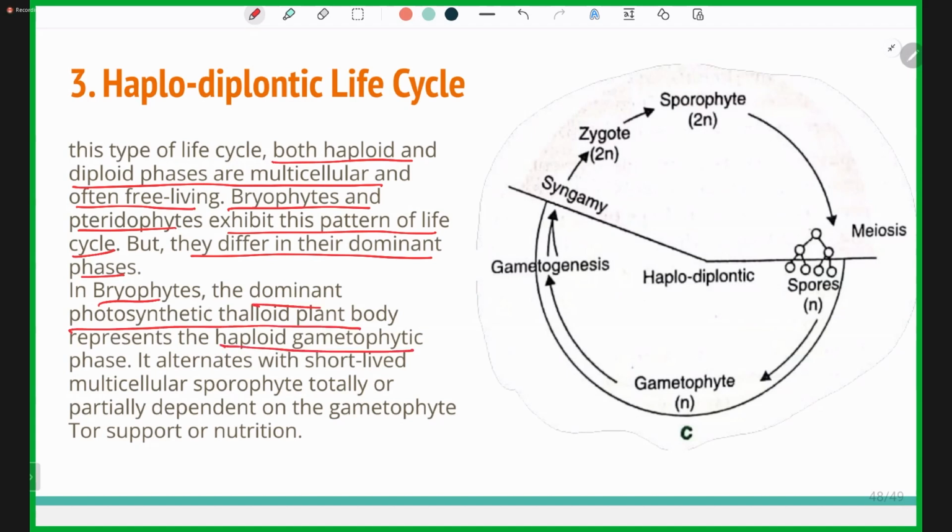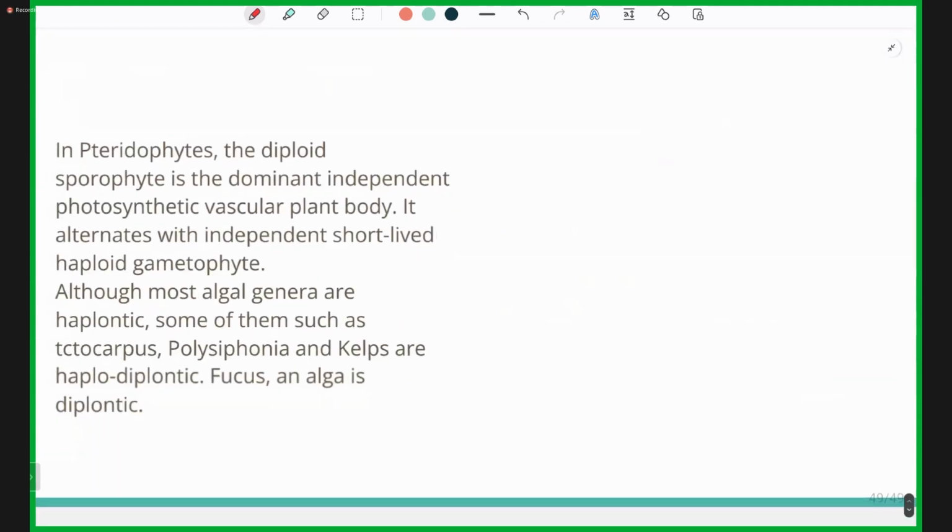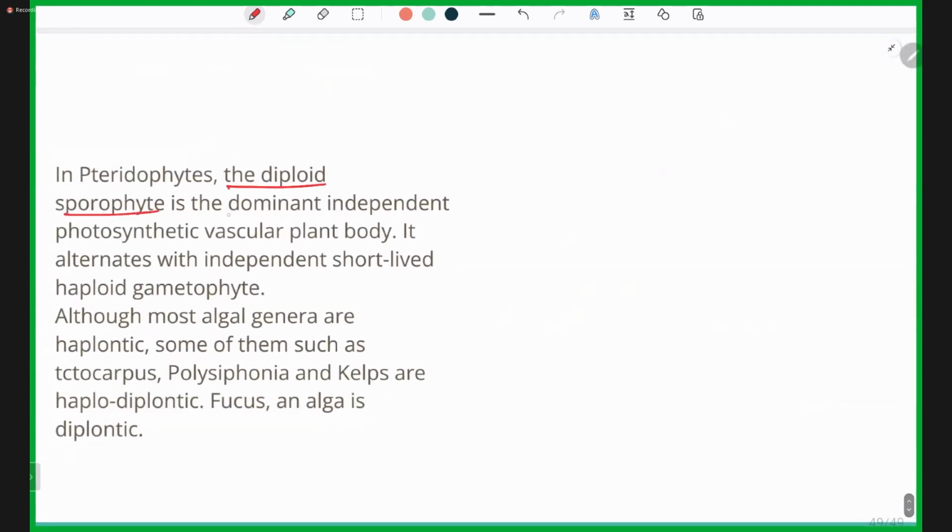It alternates with the short-lived multicellular sporophyte, which is totally or partially dependent on the gametophyte for nutrition. But it is exactly opposite in the case of pteridophytes. The main plant body is the sporophyte, which alternates with another free-living plant body, the gametophyte. In pteridophytes, the diploid sporophyte is the dominant independent photosynthetic vascular plant, and it alternates with the independent short-living gametophyte.